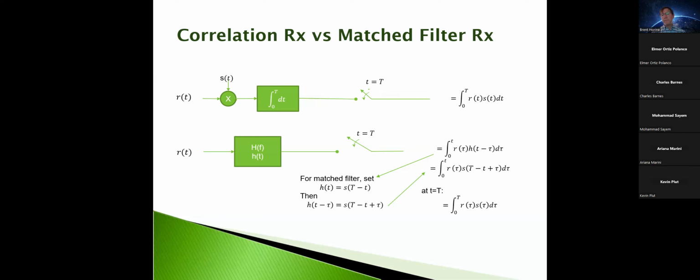But for example, assume that it's a rectangular pulse from 0 to T. So it has a constant amplitude between time 0 and T. And that could be, in the case of BPSK, plus A and minus A, right? And we saw that as an example in the homework.